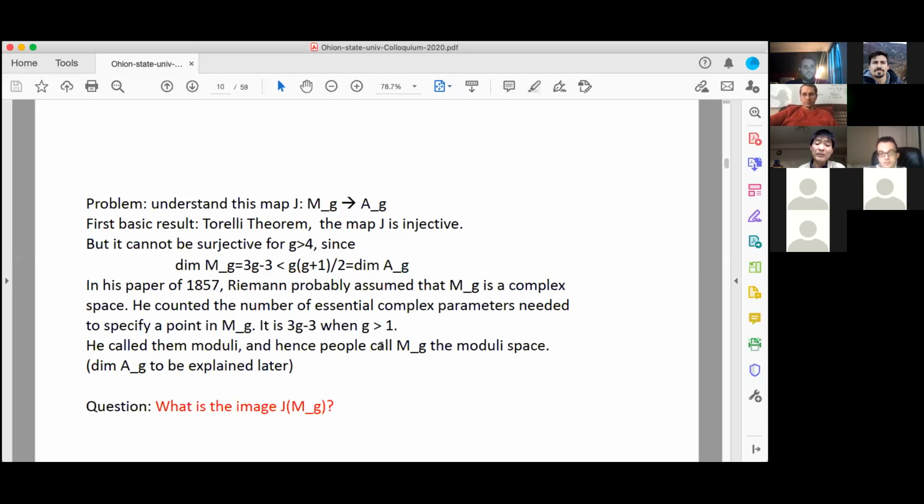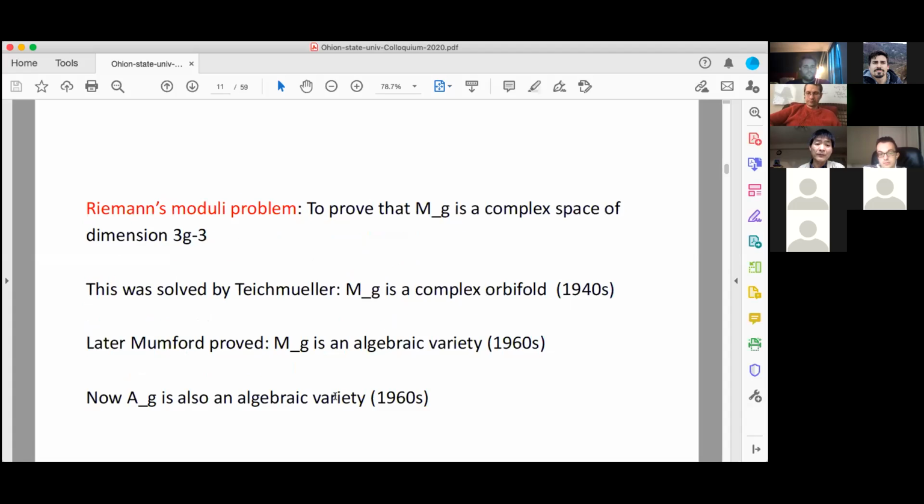Because of this, people call M_g the moduli space. The dimension of A_g, I'll explain in a minute. So the question is: since M_g is very natural, A_g is natural, and this map is natural, what's the image of the Jacobian map on M_g? That's a basic problem I want to discuss.